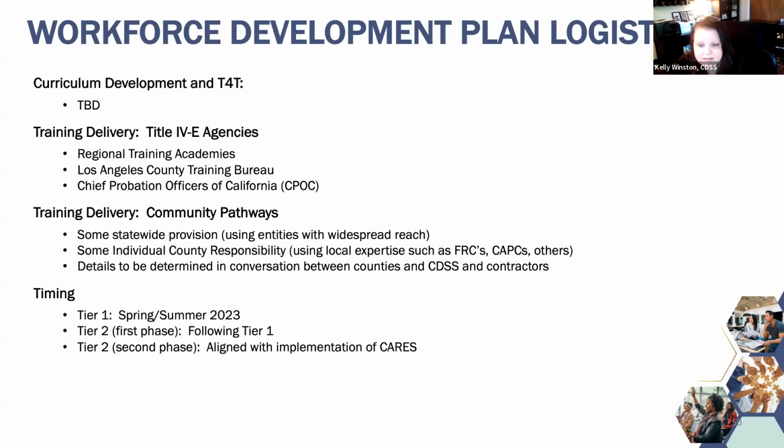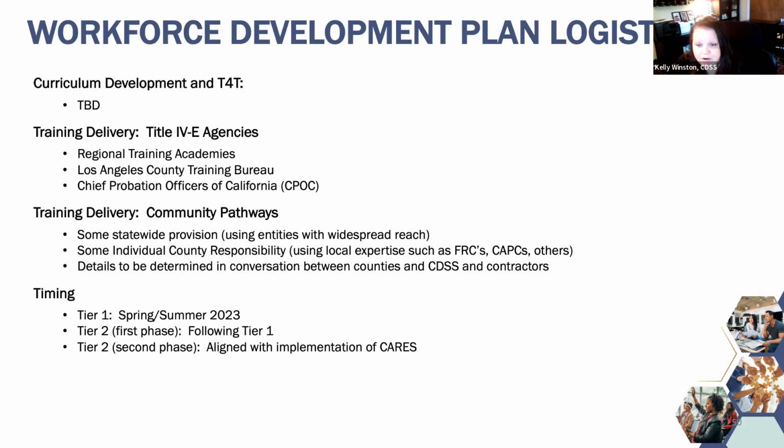CDSS is currently working to develop or amend contracts so that we can quickly engage each of these organizations and ensure that they have the resources needed to develop and deliver training. And the contracts that we are looking at may also go beyond just basic training and include potentially some other types of support resources so that there can be that continued support for counties who are trying to implement the programs.